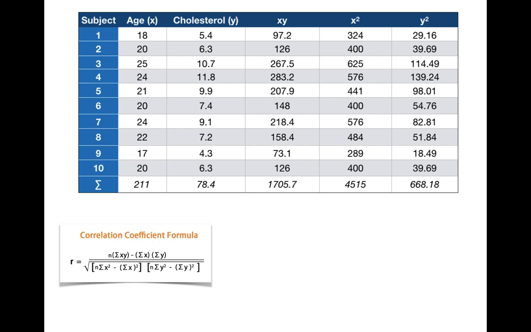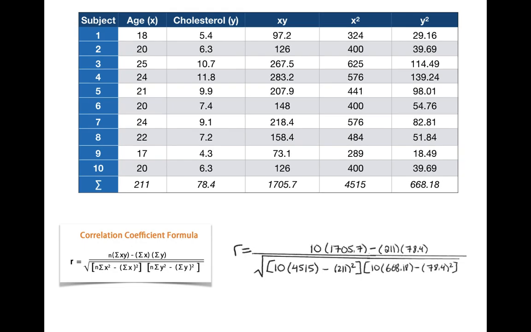Okay, so if you tried it and you're a little bit stuck, here is the first level substitution. So I'm replacing my n with 10. My sum of x times y is this value, 1705.7, minus the sum of x, 211, times the sum of y, 78.4, over the square root of n, which is 10, times the sum of x squared.